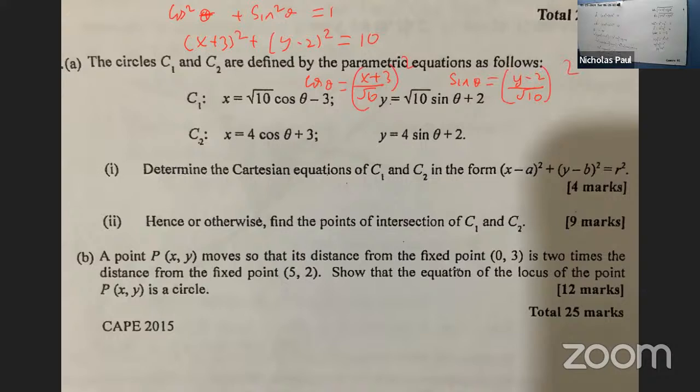I just squared both sides and multiplied by 10. And next is x minus 3 squared plus y minus 2 squared, multiplied by 16.